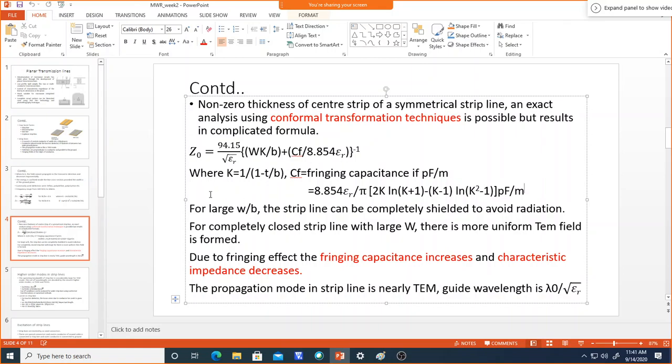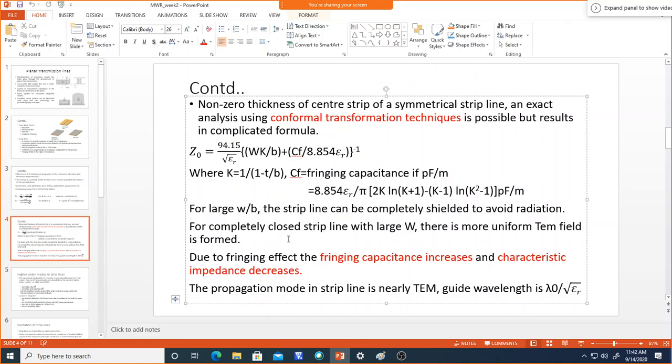For large W by B the strip line can be completely shielded to avoid radiation. That means for large W by B, the radiation effects can be avoided by putting in a closed metallic shielding, so the radiation effects will be reduced.